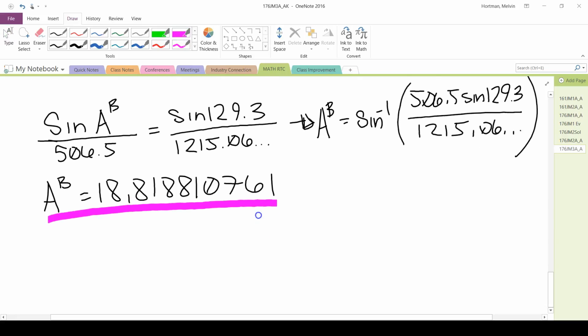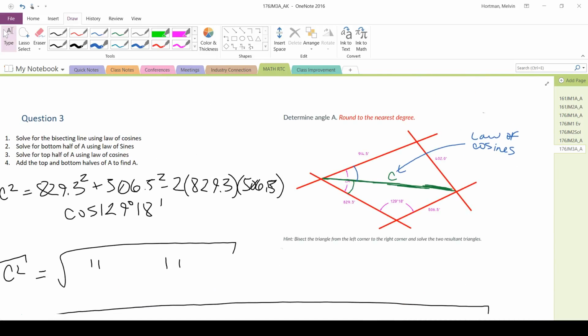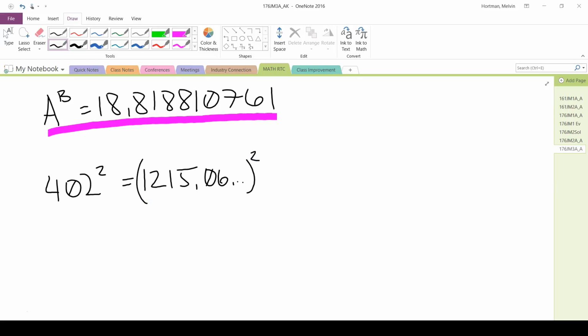Now we just need our third, which is going to be the top half of A, which we'll use the law of cosines to solve for. So what we can do is 402 squared equals 1215.06 squared plus, what was the other one?